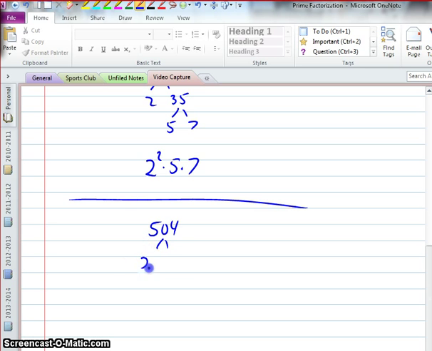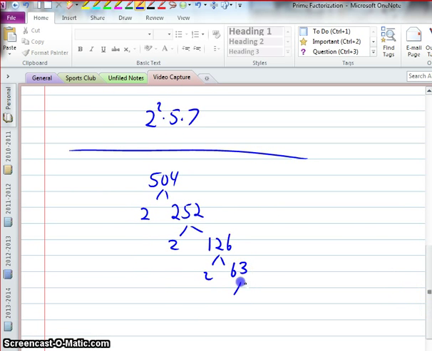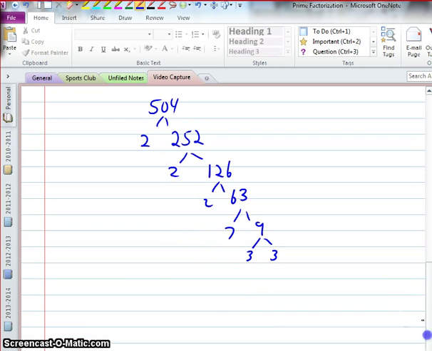Well, pretty quickly you should say 2, and it's 2 times 252, which is also even. So 2 times 126, which is 2 times 63, I believe. 63 is factorable into 7 times 9. 9 is 3 times 3, so we would have 2 cubed, 3 squared times 7, and that is how you prime factor a number.